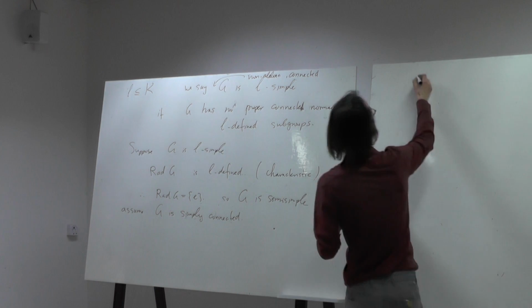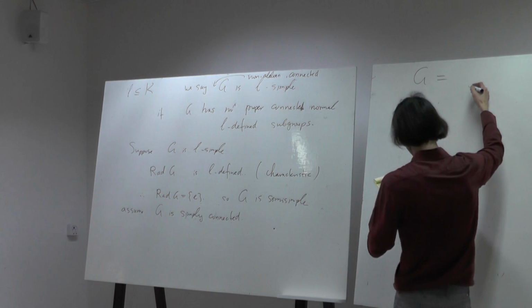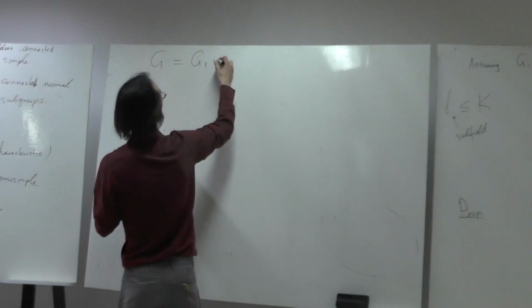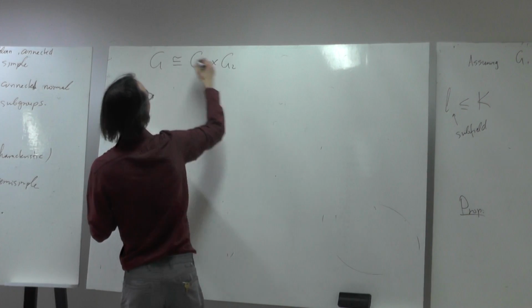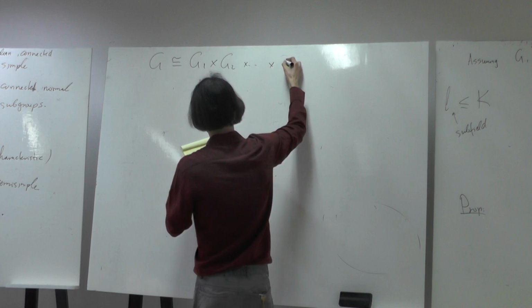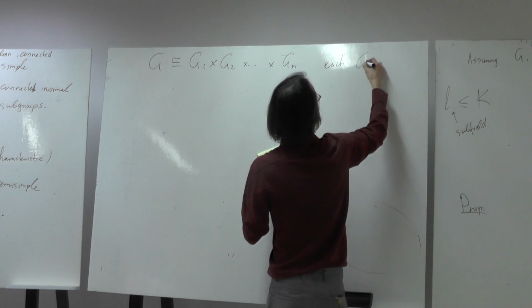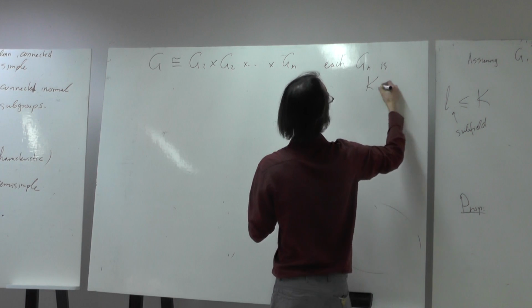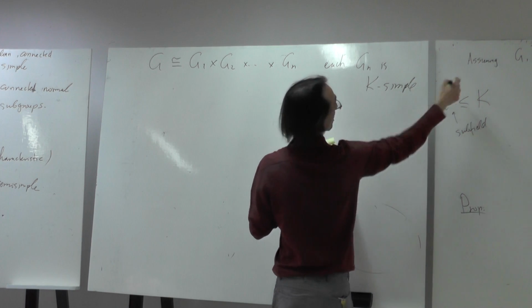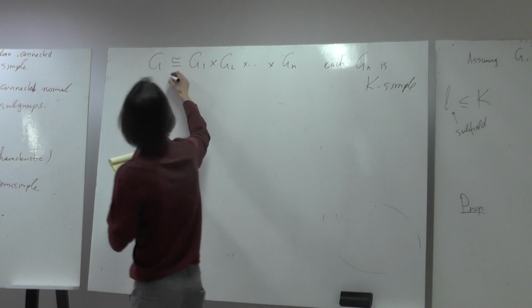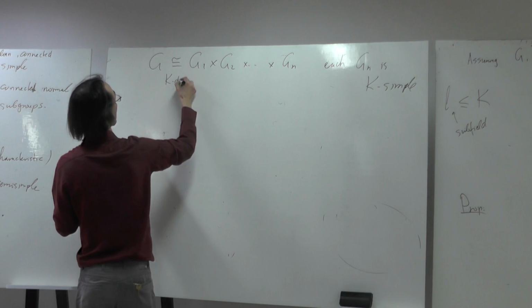Well, this means that G is a direct product G1 times G2 times Gn, where each Gi is simple, and this isomorphism is actually K-defined.